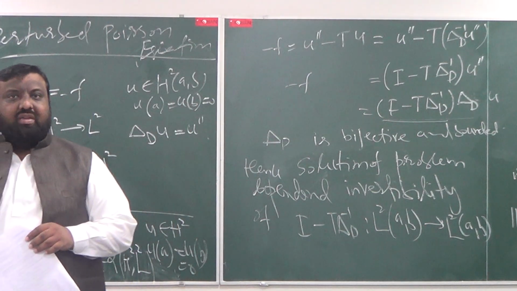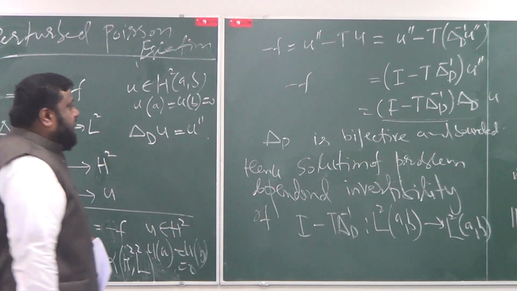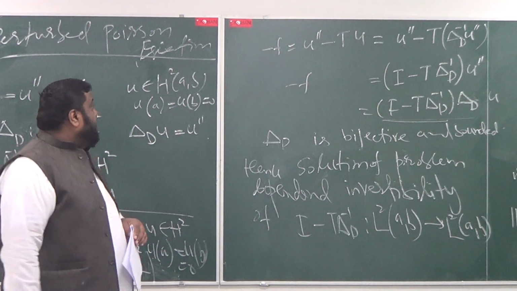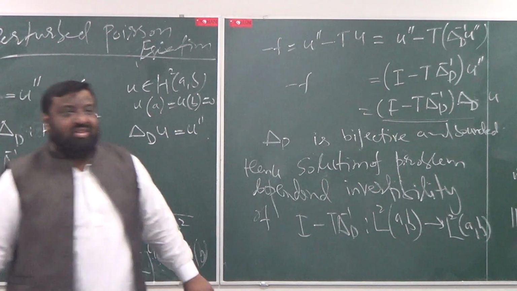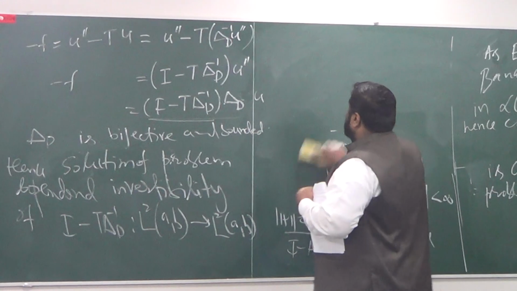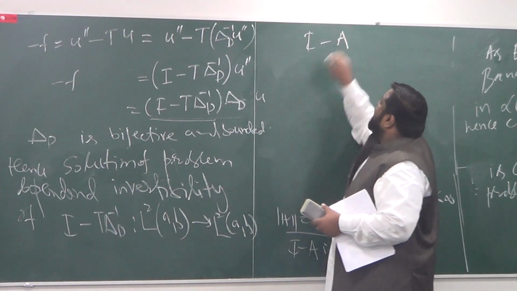Continuous, linear and bounded. No, just think about it. We just did a lemma, the Neumann series. What is the Neumann series telling me? It is telling me that I minus A is invertible.